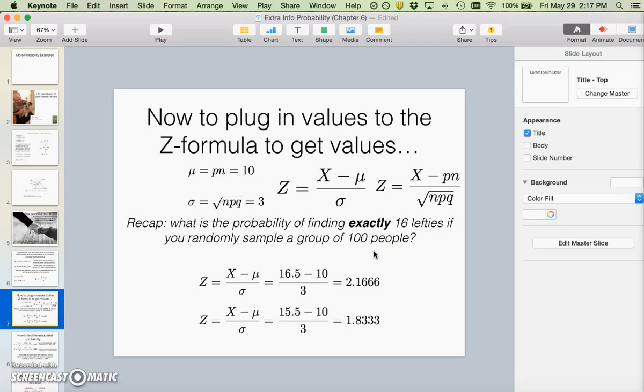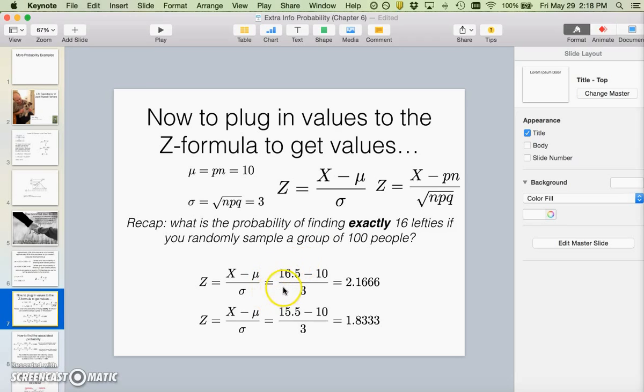That means since you can't exactly choose the probability of 16, it's an exact point, you can't get a probability for an exact point, you need to use real limits to go slightly above and slightly below in order to capture that probability space, because you're talking about an area of a distribution.